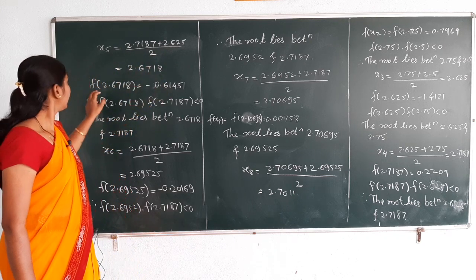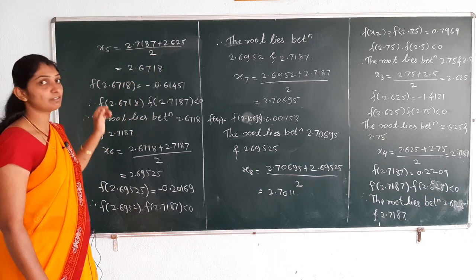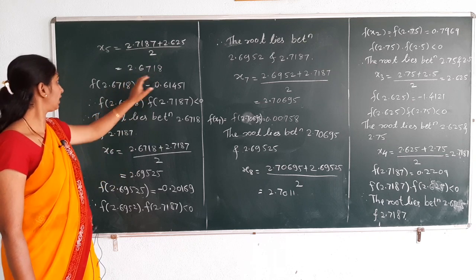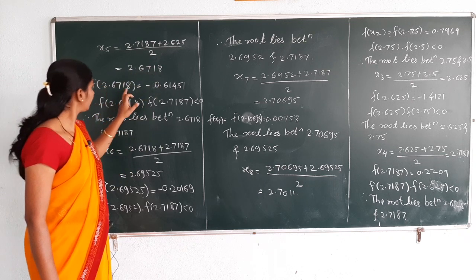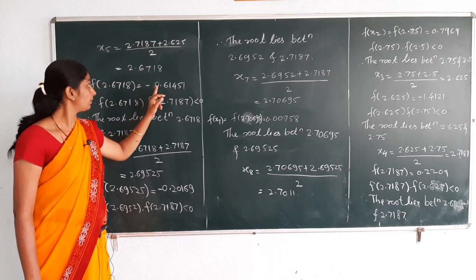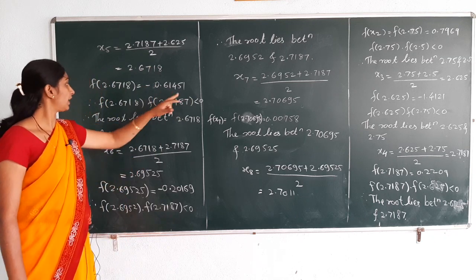2.6718. Then f of, put this value in the function, that is our function is x cube minus 4x minus 9, we put x is equal to this value, then f of 2.6718 is equal to, we get by calculation, minus 0.61451.